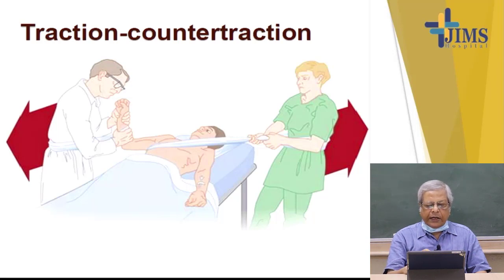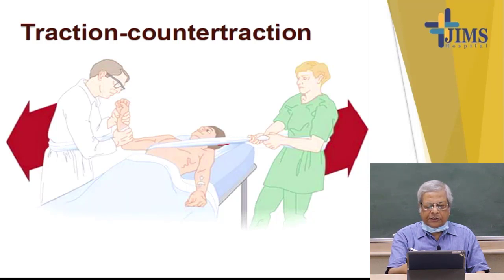In cases of recurrent dislocations, patients can be very cooperative, and if he comes fresh within an hour, then maybe anesthesia is also not required. The surgeon pulls it, and there is counter traction by a bed sheet here.